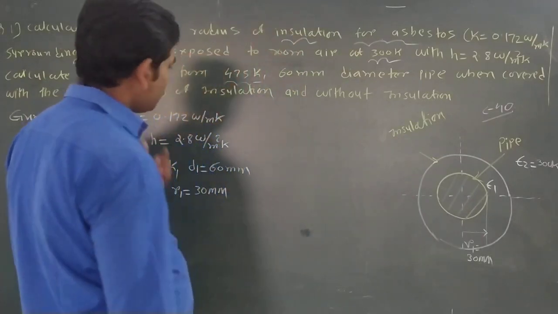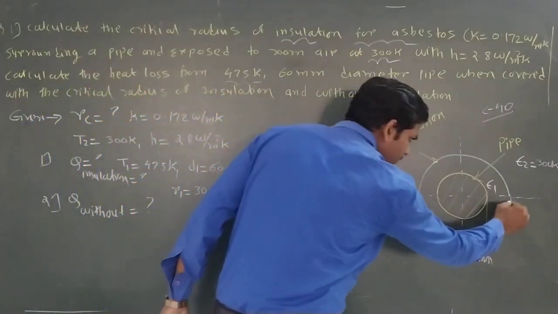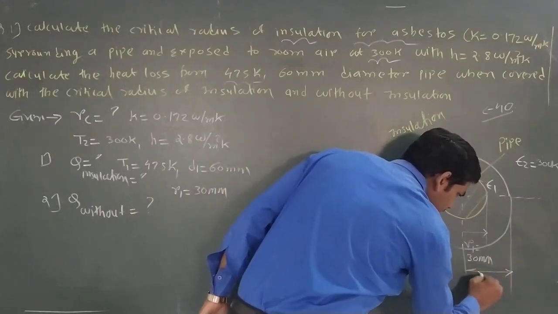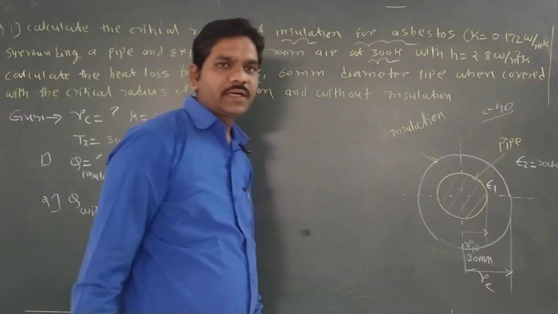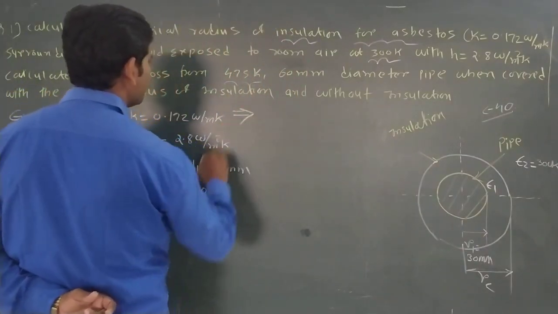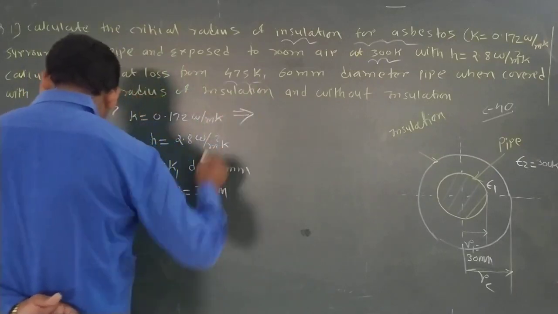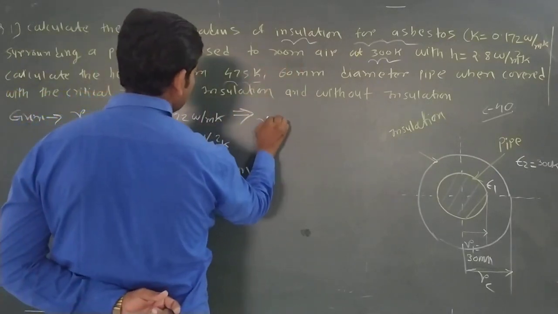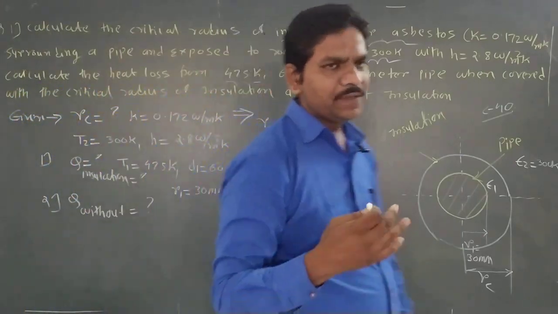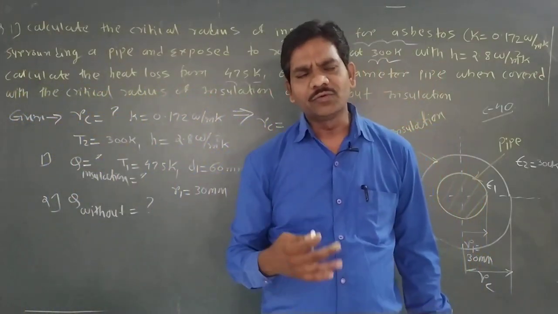So first of all we calculate the critical radius of insulation, means this one value. This value is shown by letter RC. We calculate the value of RC. So see here how we calculate the RC. So what is the formula for, guys, cylinder? RC is equal to, for cylinder, because the pipe is nothing but a cylinder.